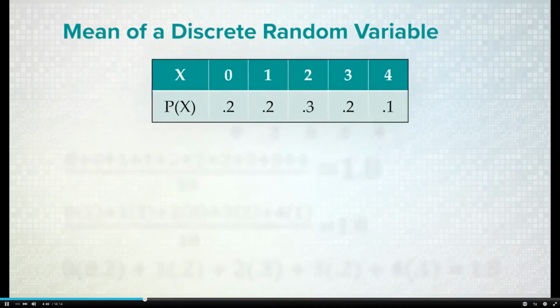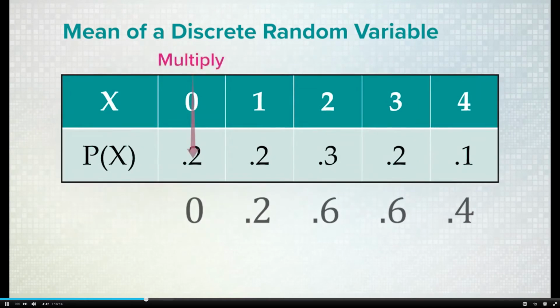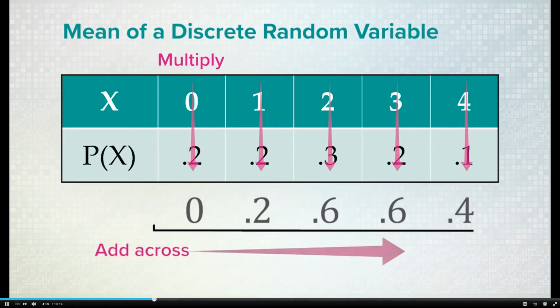So really, what I'm doing is taking 0 times 0.2 and 1 times 0.2. And then I do this for the next column and the next column and the next column. If you notice, when I multiply down, I get these 5 terms. The last thing I need to do is add across. That gives me my mean, which is 1.8.